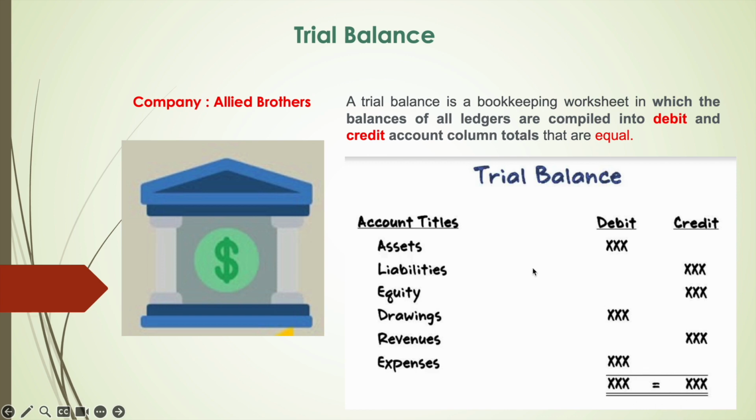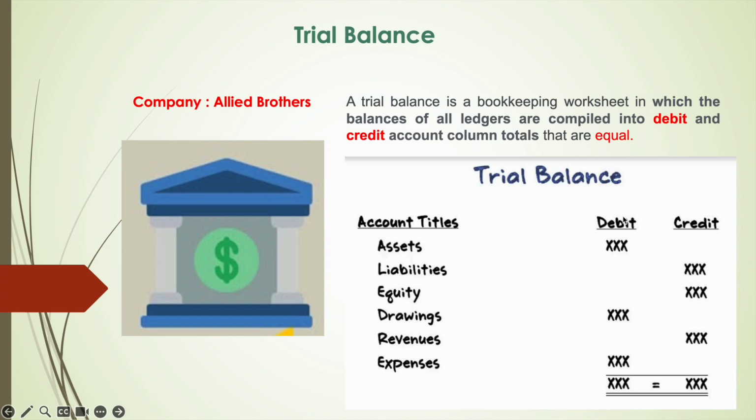The trial balance includes a list of all the general ledger accounts used by the company, such as assets, liabilities, equity, revenues, and expenses. For each account listed, the trial balance shows the balance or total of all the transactions recorded in that account up to the specified date.